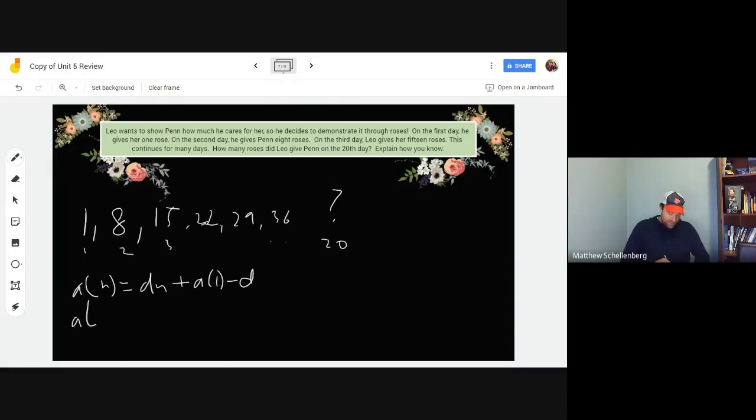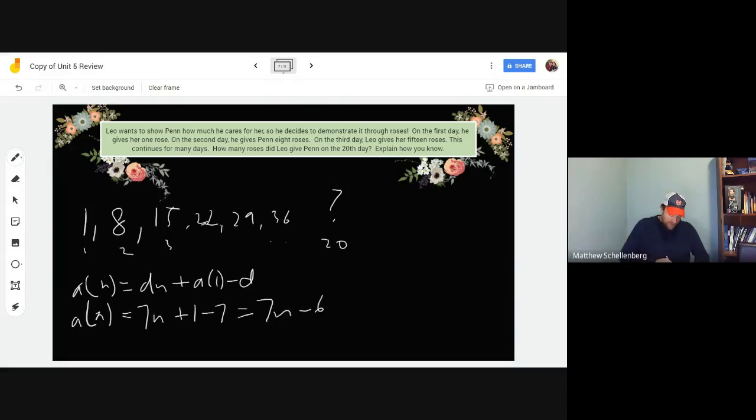So in this case, a of n equals, the common difference is 7, 7n plus a1, which is 1, minus d, which is minus 7. And so this would be 7n minus 6.